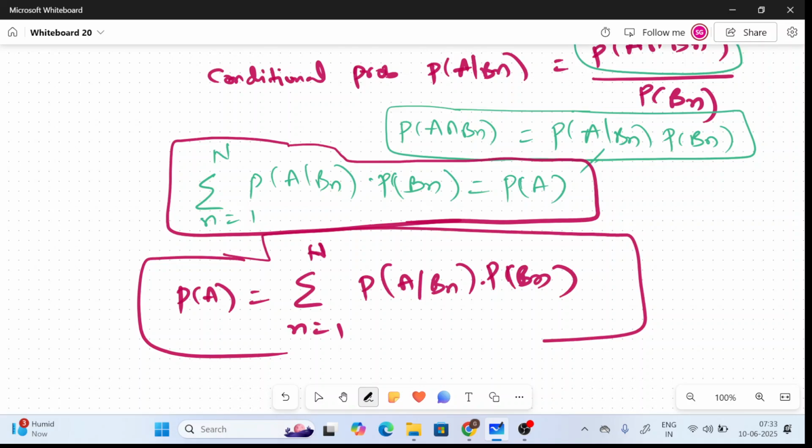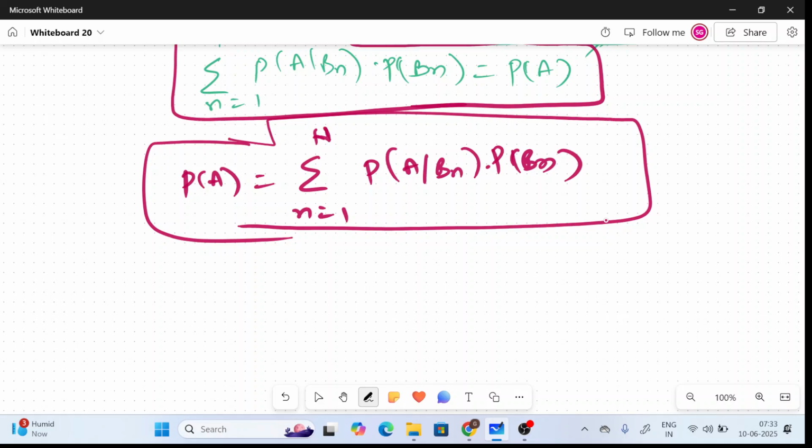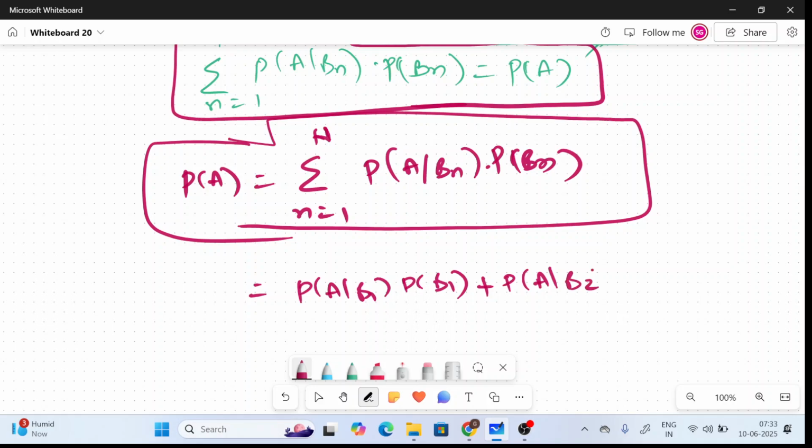If you observe this, let me decompose the total probability: P of A given B1 into P of B1, plus P of A given B2 into P of B2, plus and so on up to the last, nth term, P of A given B capital N into P of Bn.